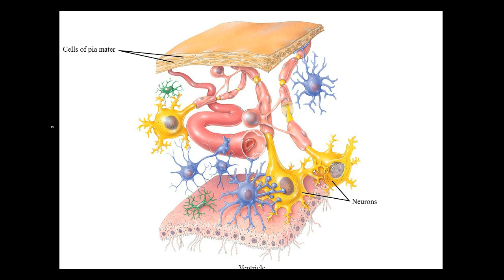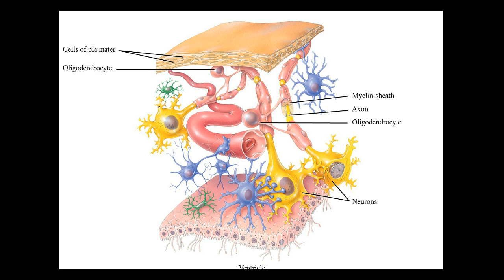So we're going to start off talking about oligodendrocytes. Oligodendrocytes basically means lots of projections. Oligo means a lot, dendro means dendrites or extensions, and cyte means cell.